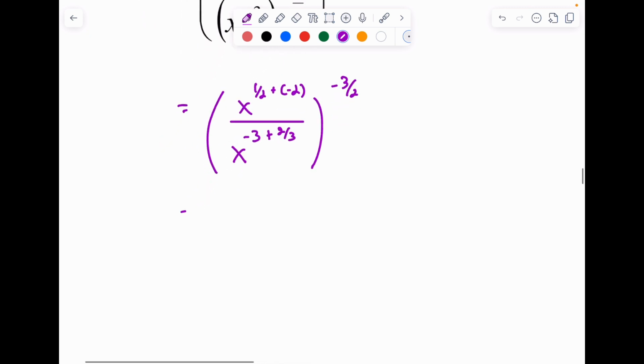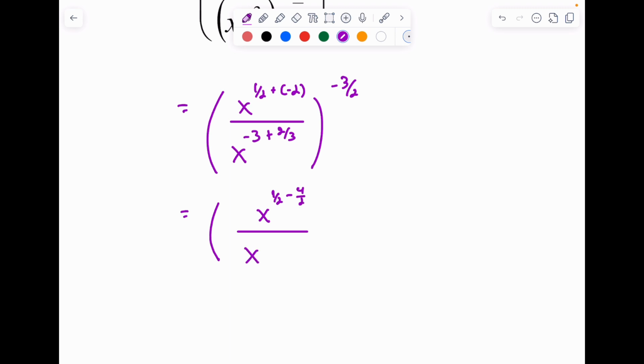Okay, so this is what I mean. Work with your fractions here, okay? So up top, inside of our numerator here, we have 1/2 plus -2. So that's technically saying -1/2 minus 2. So up top, you're going to get x, and then it'd be 1/2 minus 4/2 after you get a common denominator.